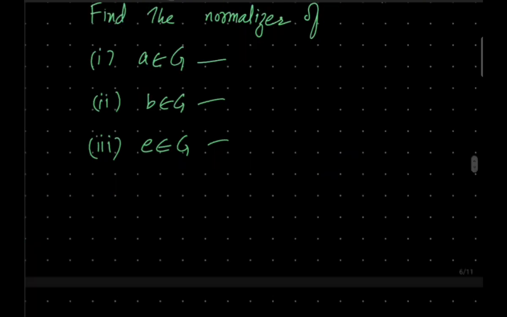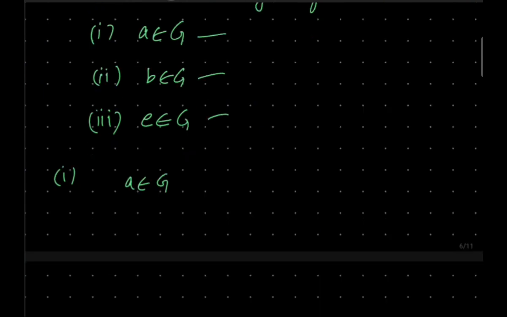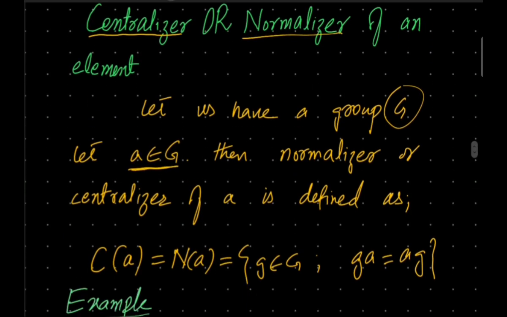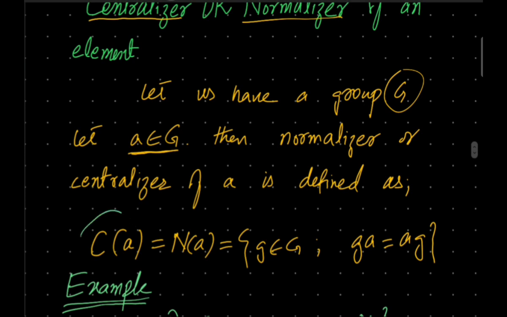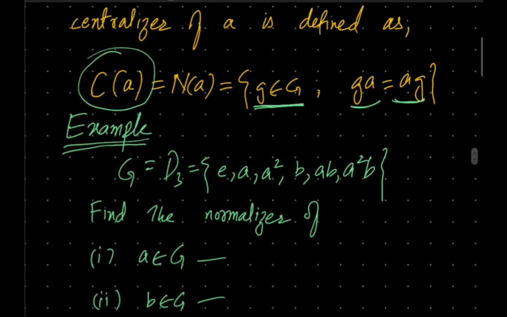So first solve the first part. We have to find the normalizer of a in G. So again, look at the definition. The definition says the normalizer of a in G consists of those elements of G which can be commuted with a. So we have to find those elements of G which are permutable with a. G has 6 elements.